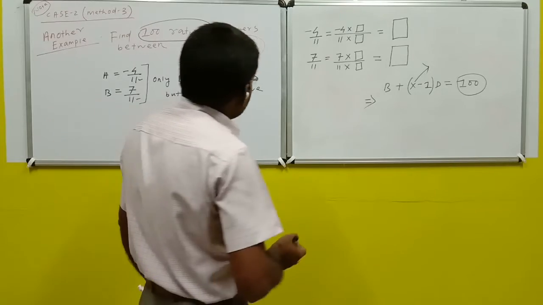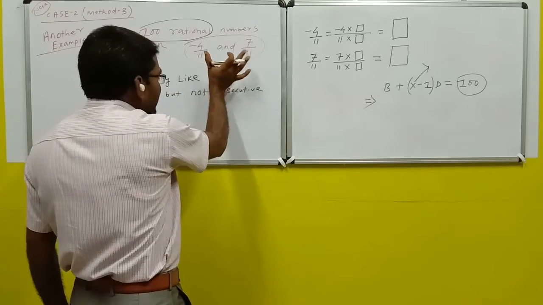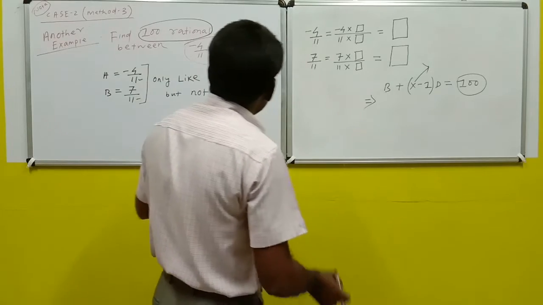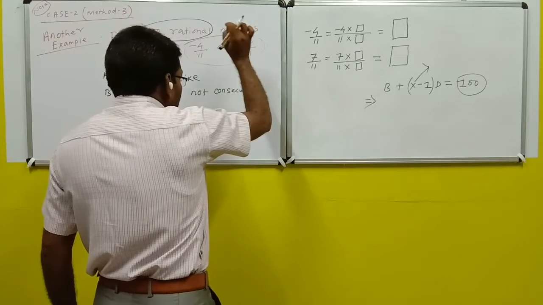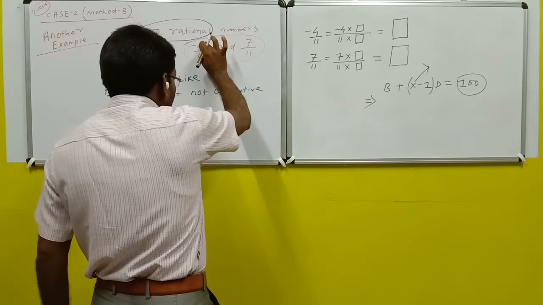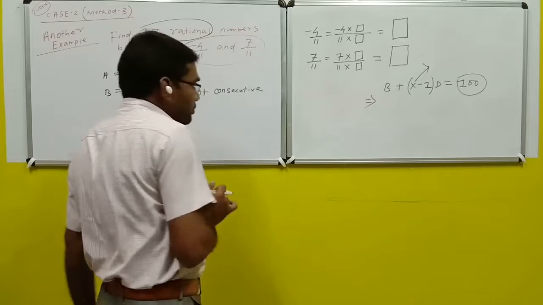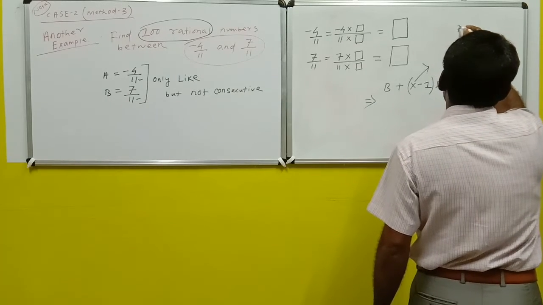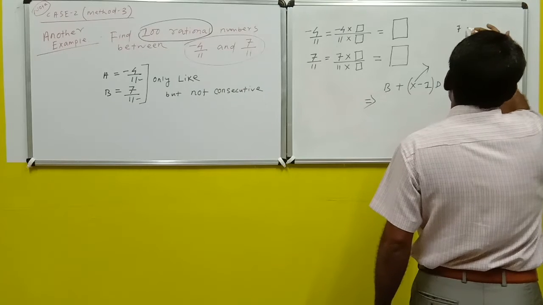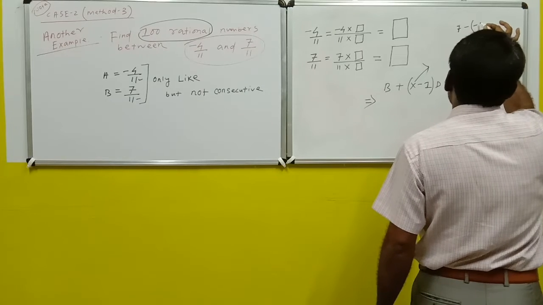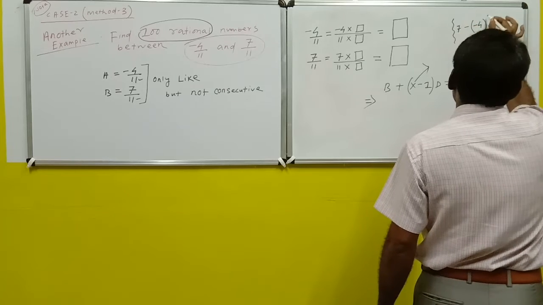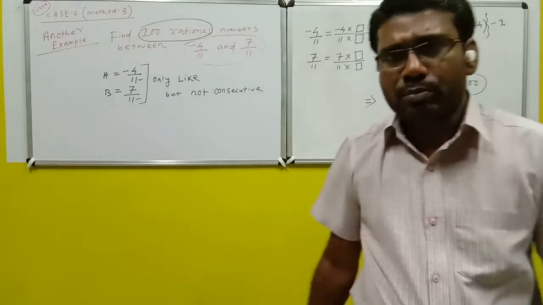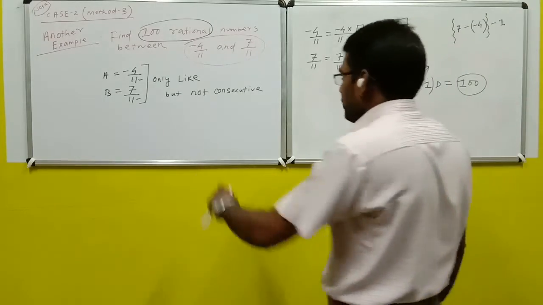So first find out how many rational numbers already exist between these two rational numbers. Therefore, you have to simply subtract -4 from 7: 7 minus -4, and again you have to subtract 1. It is the formula to decide how many rational numbers already exist between these two.